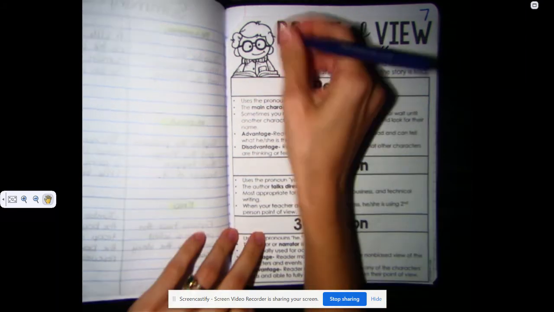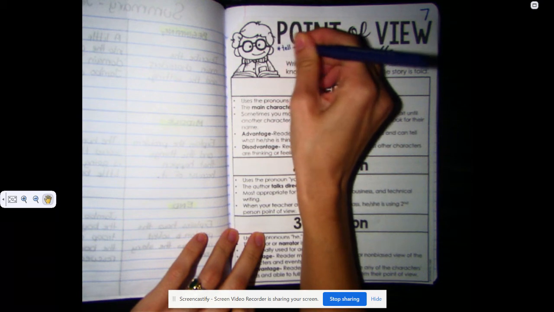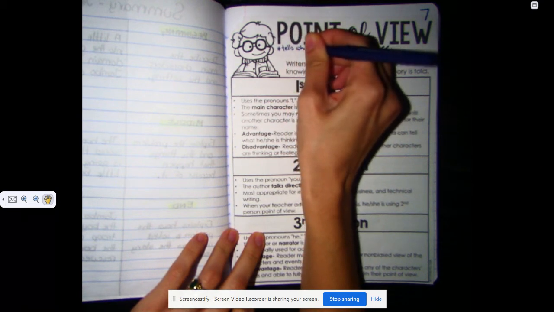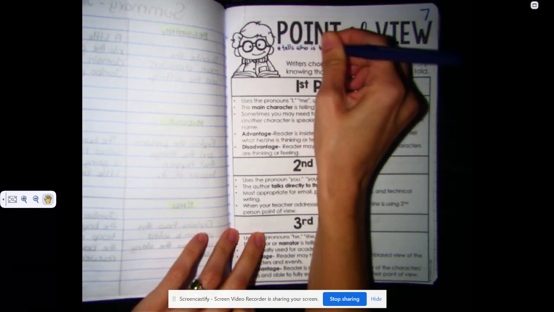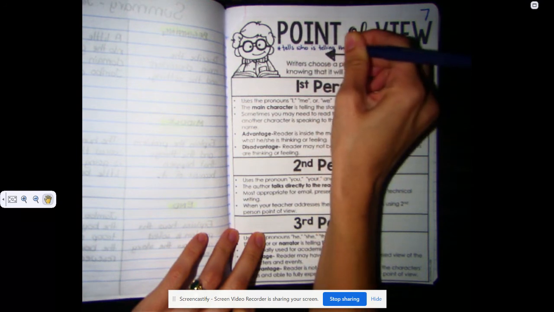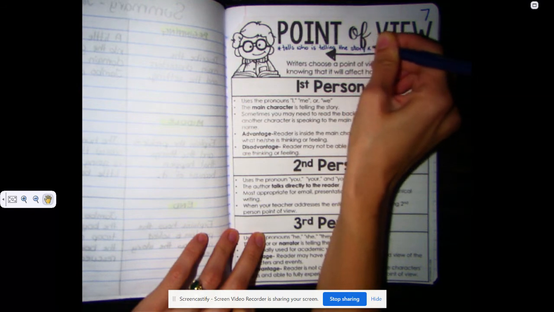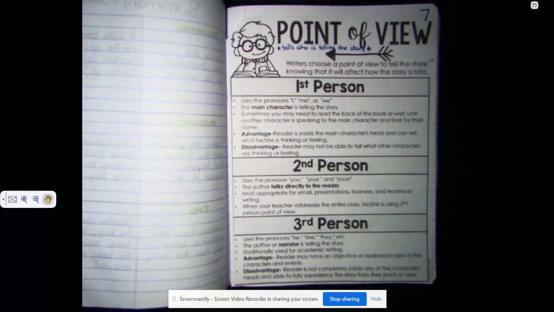The point of view tells who is telling the story. I'm going to highlight.